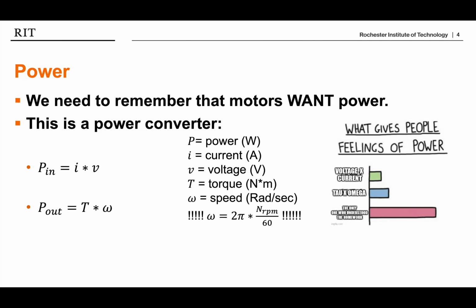Now that was a pretty big mouthful, and unfortunately I don't have a whiteboard to write that, but I can give you an example. If I have torque in foot-pounds and speed in RPM, it works out that my conversion, that 2 pi times RPM divided by 60 and all of these other things, works out to be 5252. So fun fact, if you have foot-pounds times RPM, you would have to multiply by 5252 to get watts.